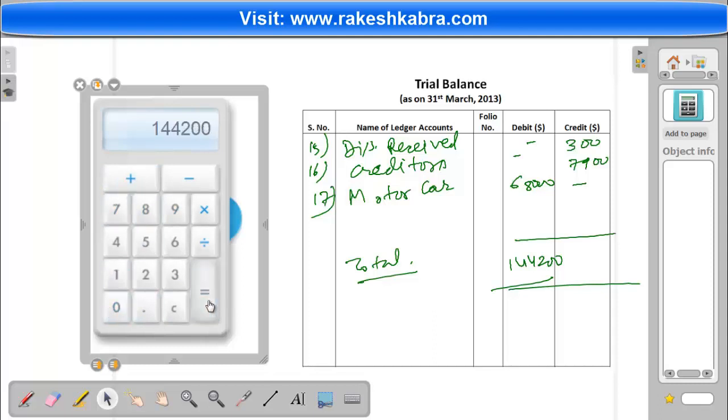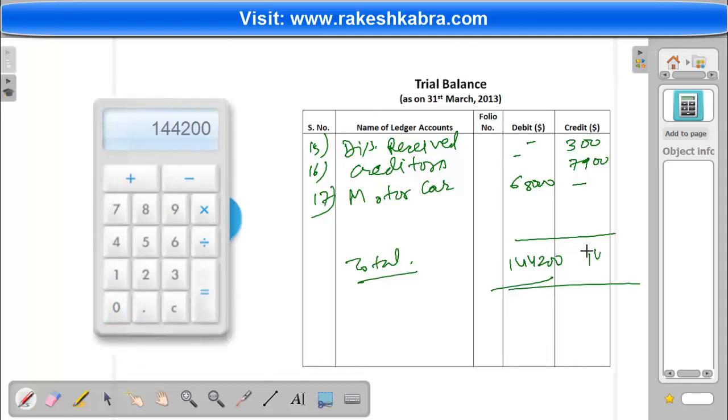So see what is the grand total? 1,44,200. Now tell me, totals are coming the same? Total of both the columns. Yes, they are the same. It means my ledger is arithmetically accurate. Is that clear? So you have understood today's topic.